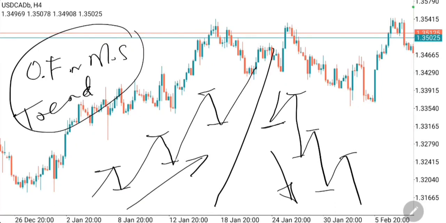This is where you should be taking your trades from. You take your buy trades here and your sell trades here. But when you decide to take trades from a ranging market structure, you risk losing that trade because that is a range liquidity.